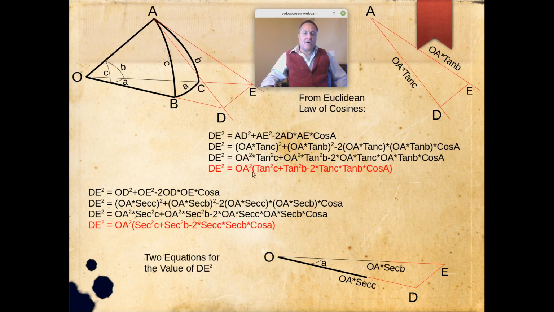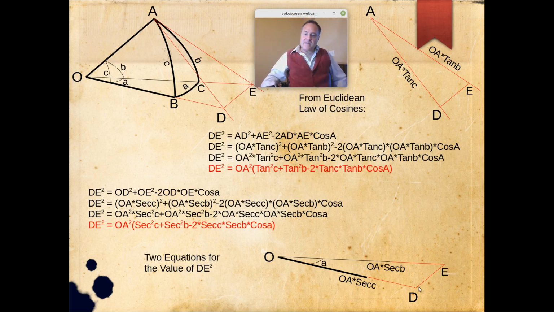So I can factor OA squared out, and what I'm left with is tangent squared C plus tangent squared B minus 2 tangent C tangent B cosine A. All right, I've got this right here. I know it's painful, but keep going. We're one slide away from developing the answer we seek.